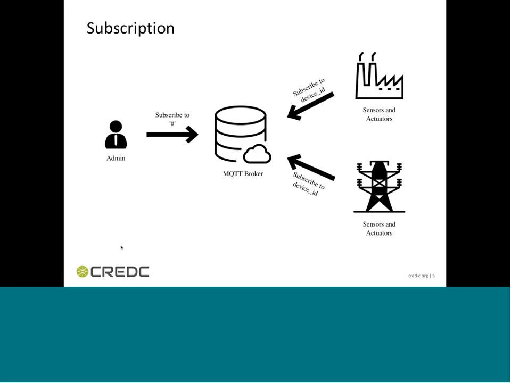So this is how a subscription happens. An administrator subscribes to the pound symbol, which means the administrator is subscribing to all channels on a particular broker, and the actuators, sensors, and other devices subscribe to device-specific channels, and they are only concerned about the specific channels they need to listen on.